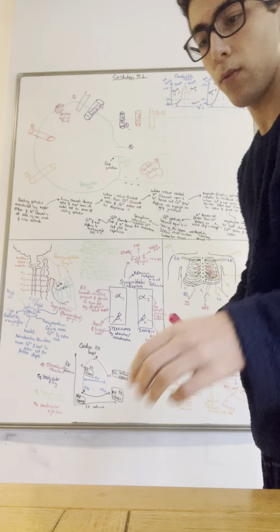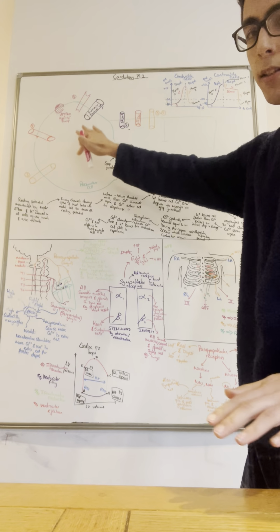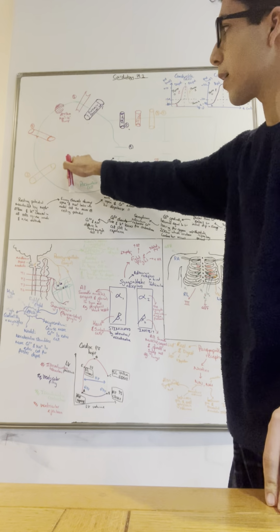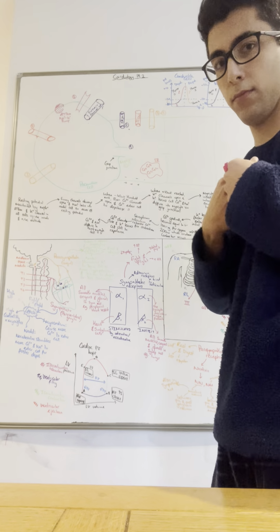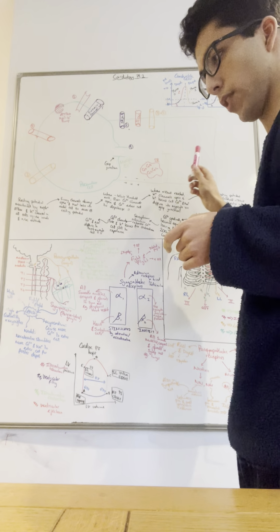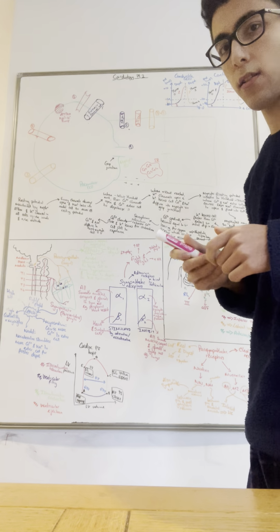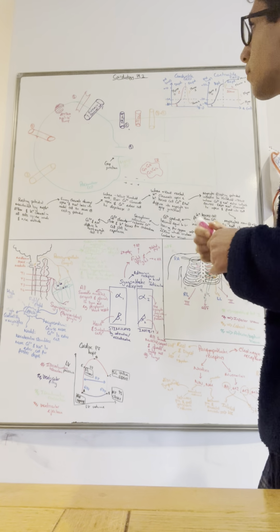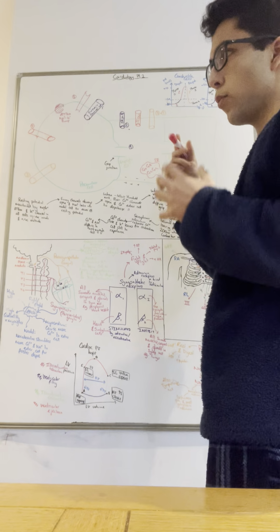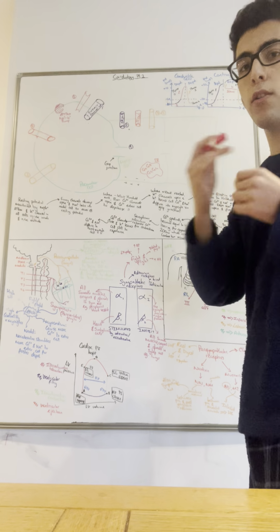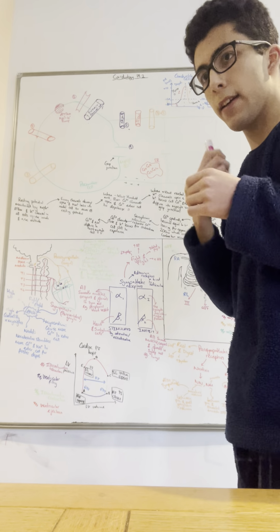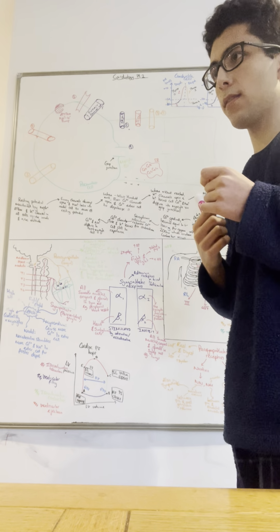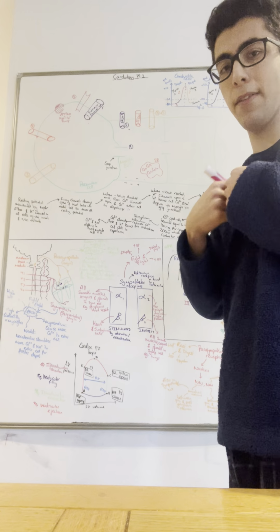Okay, so we'll start off on our nodal cell, our pacemaker cell, because that's what initiates it. It triggers our contractile cells to start contracting. So how we understand that: in all cells of our body they have a resting potential. When they get excited, that means they do their thing.